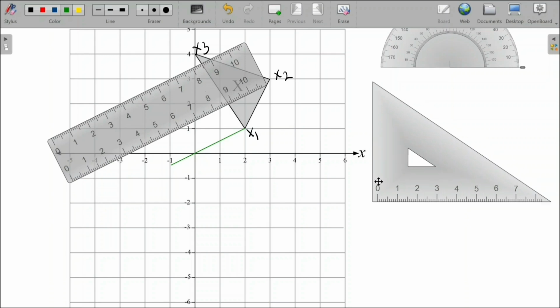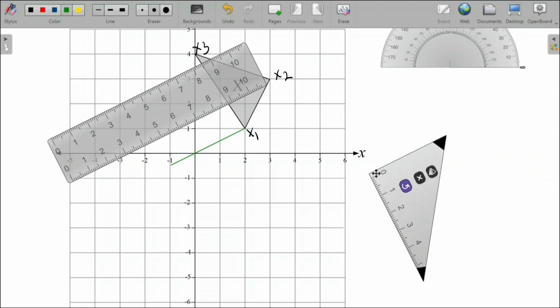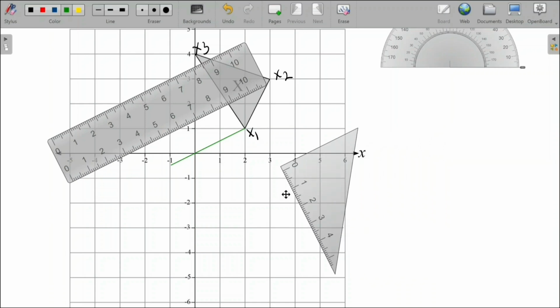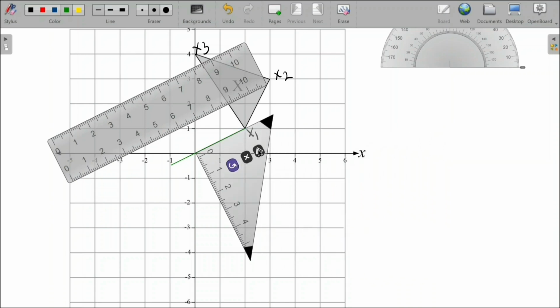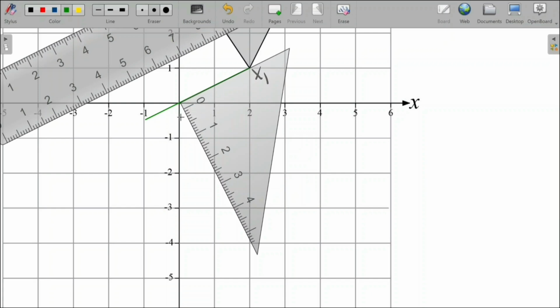Let's do it so you can understand what is being said. We're making this part of it sit on this line, and then we'll take the next step. You can see we have it on the line, and this is a 90 degrees. So when you have this on this line, a line that you draw from here, the center of origin, which is the point of rotation in this case, makes a 90 to this green line.